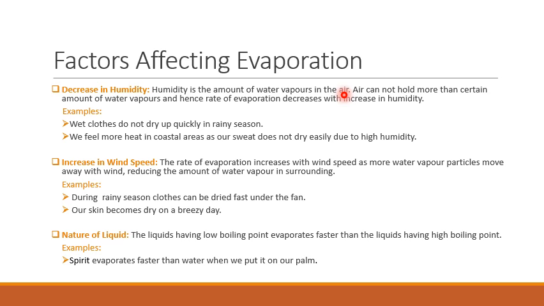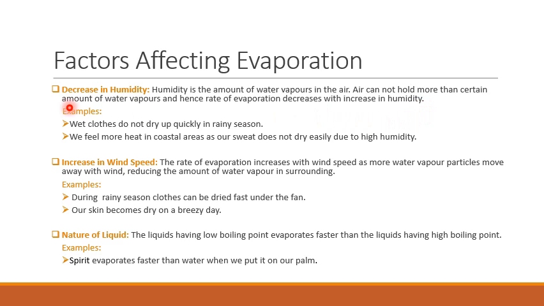But at a certain time, the air cannot hold more than a fixed amount of water vapors, and hence the rate of evaporation decreases with increase in humidity because the air is already having water vapors, so the evaporation does not take place as the air cannot hold more water vapors. As a result, the rate of evaporation will decrease in humid weather.